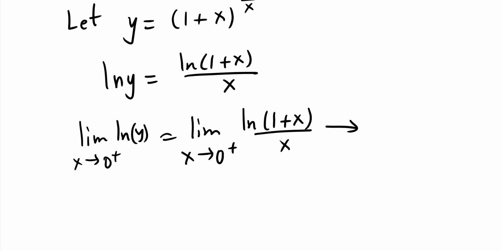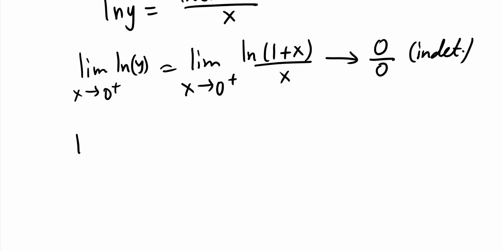This goes to what? 1 plus 0 is 1. Natural log of 1 is 0. So that's 0 over 0, indeterminate. The good thing about this step is that I'm allowed to use L'Hopital's rule here. So natural log of y stays as is.